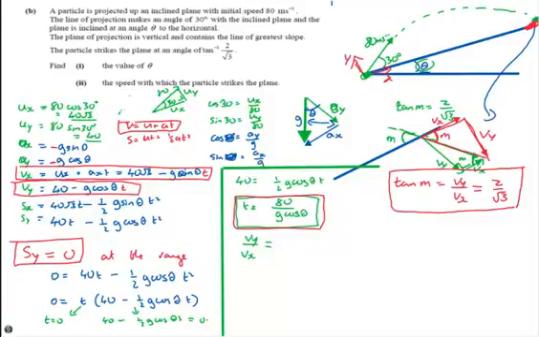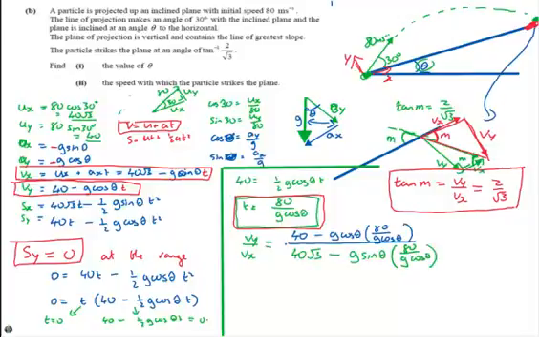Vy is equal to 40 minus g cos theta times time, which is times 80 over g cos theta, divided by Vx, which is 40 root 3 minus g sine theta times 80 over g cos theta, and we know this is all equal to 2 over root 3.